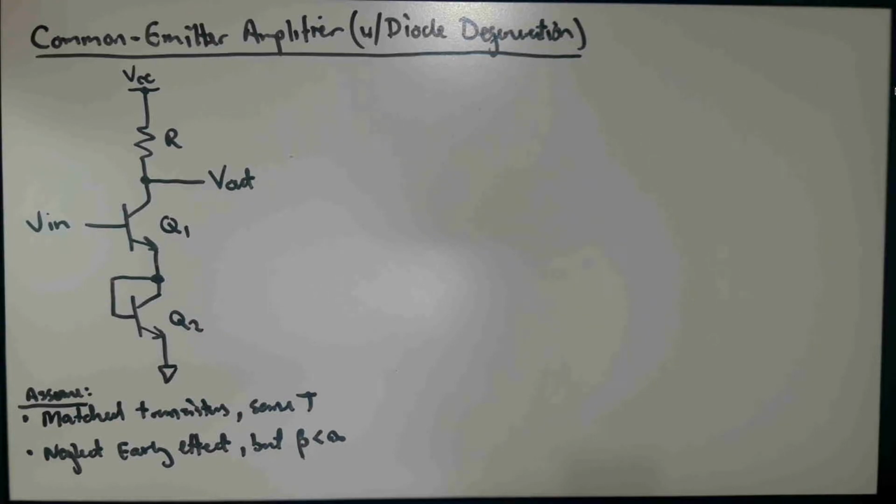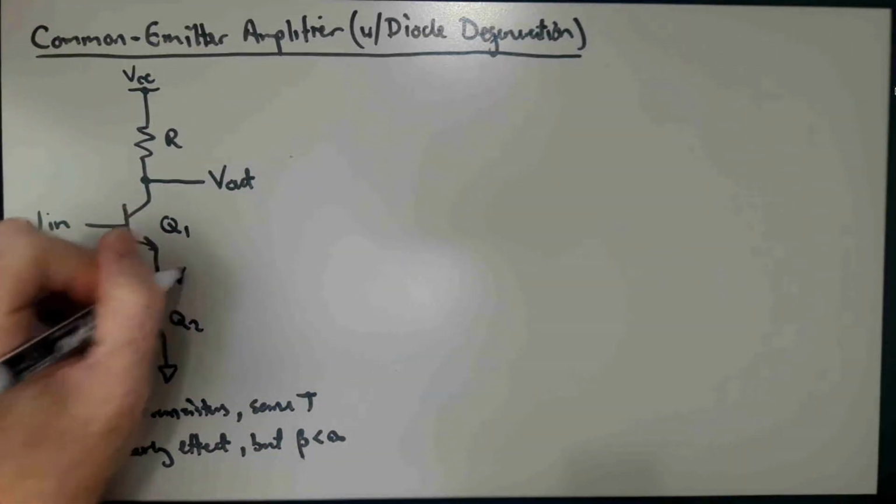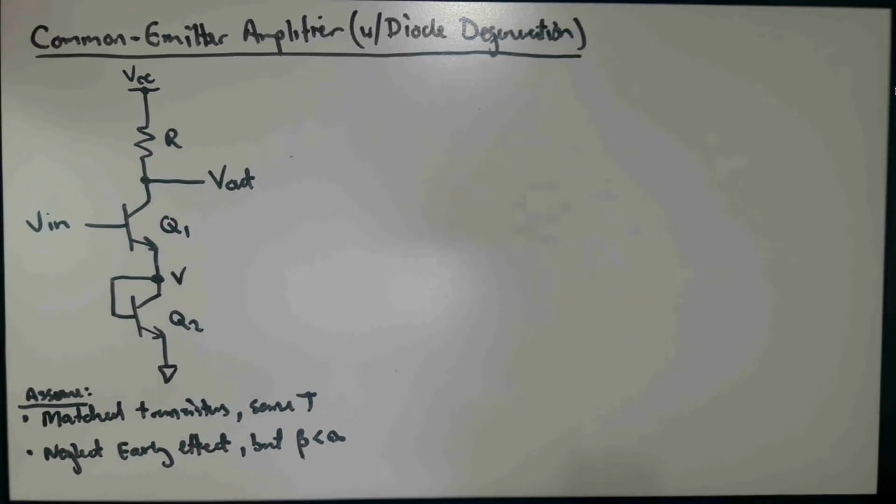Well, what do we know about these transistors? Well, we know a couple things. Let's call this node voltage down here V. That's the emitter of Q1 and the collector slash base of Q2.